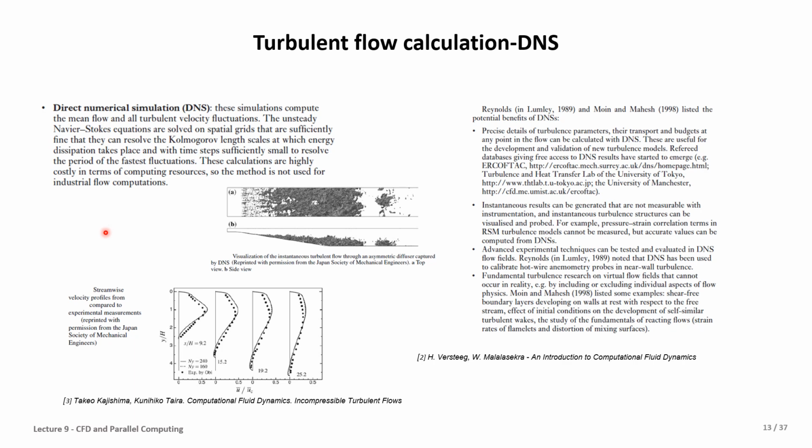In parallel computing and high performance computing, usually we are looking at applying HPC to the LES method because DNS is very costly, and we cannot use it for regular research or industry.